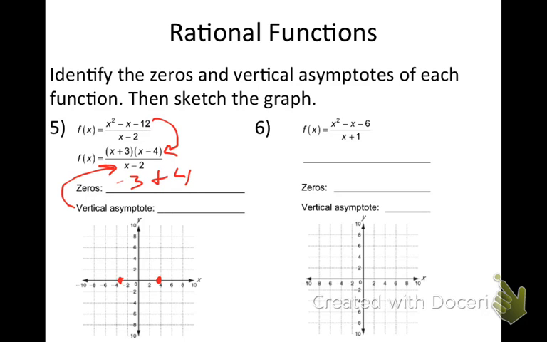Positive 2, because 2 minus 2 gives me 0. So I have a vertical asymptote right at positive 2. Very good. And then I sketch that graph. And it looks like that.